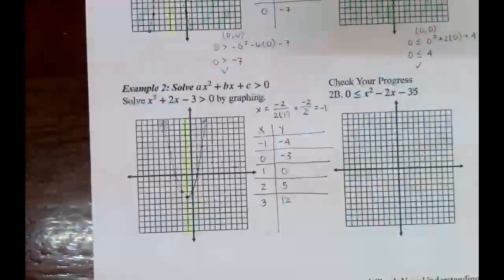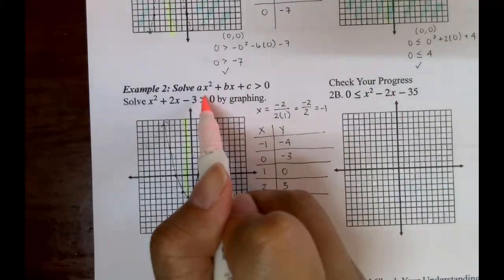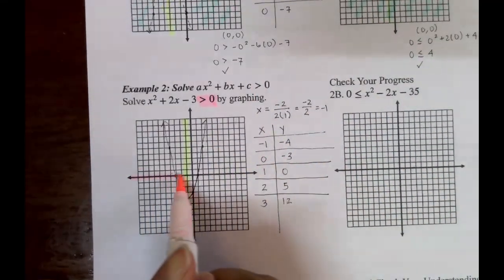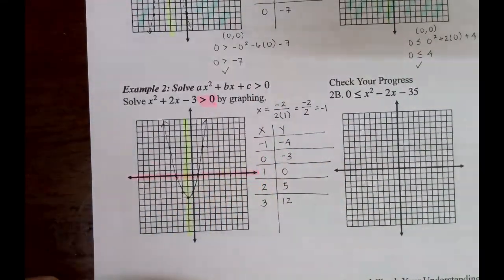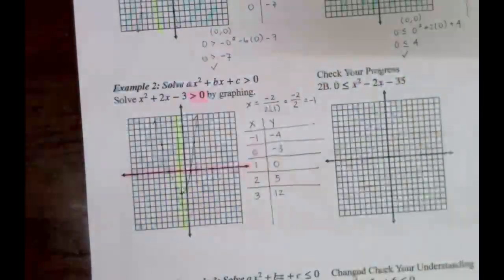So here, if you look, I went for the parts where it's greater than 0. Okay, so here is where it is 0. So the parts greater than 0 would be this and this. Everything from this side here and this side here.